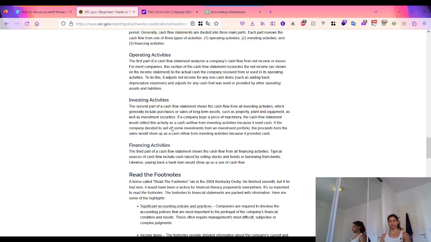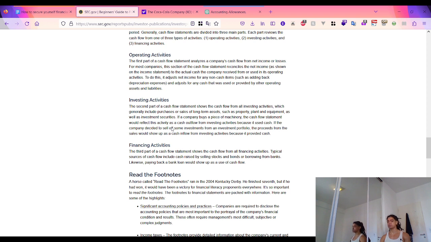So investing activities is the second part of the cash flow statement, which generally involves the purchase or sale of long-term items or assets, such as property, plant, and equipment.